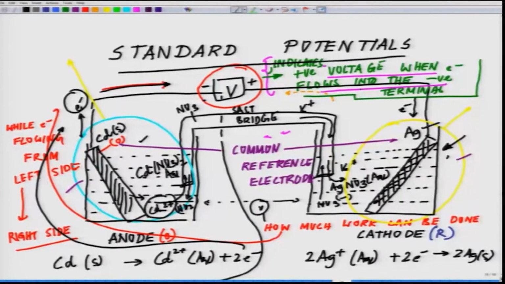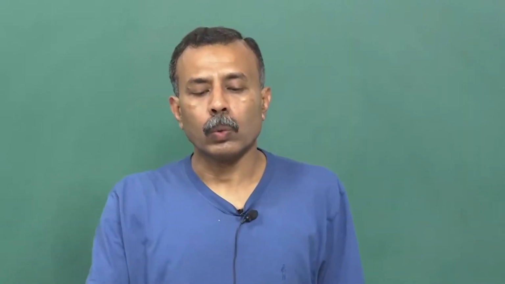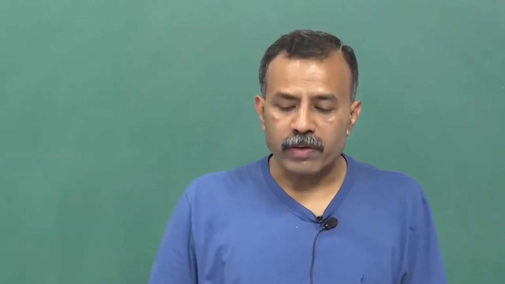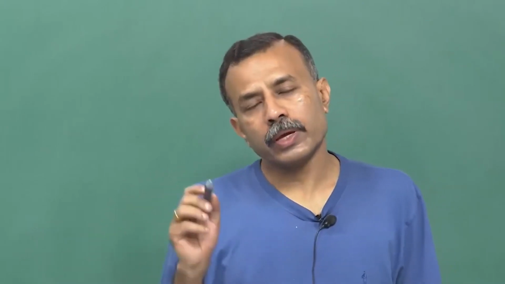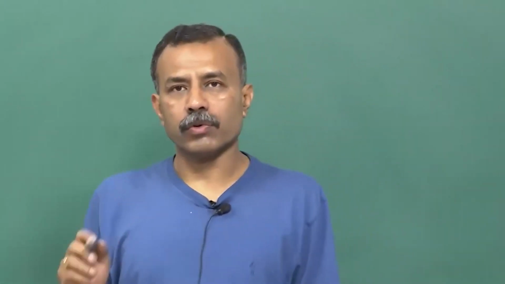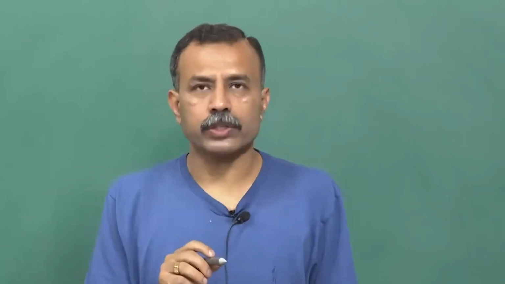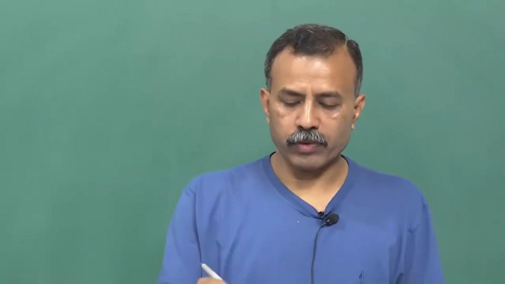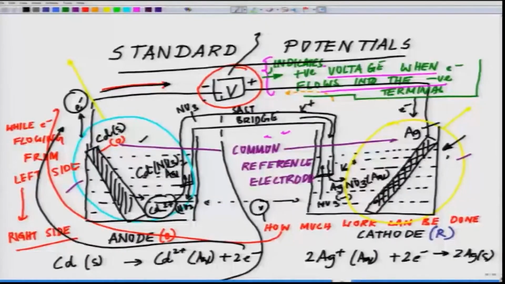Now, in this situation where we calculate the standard potentials of cadmium as well as silver, what will be the driving force? Could we calculate the total driving force? Because we never gave any value of E here.